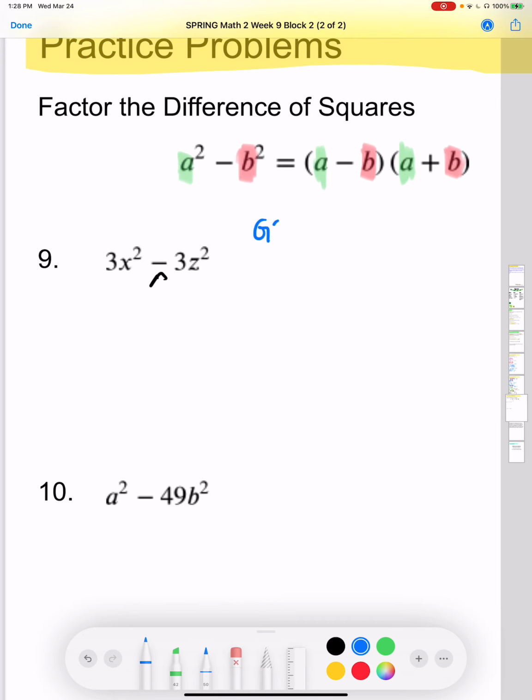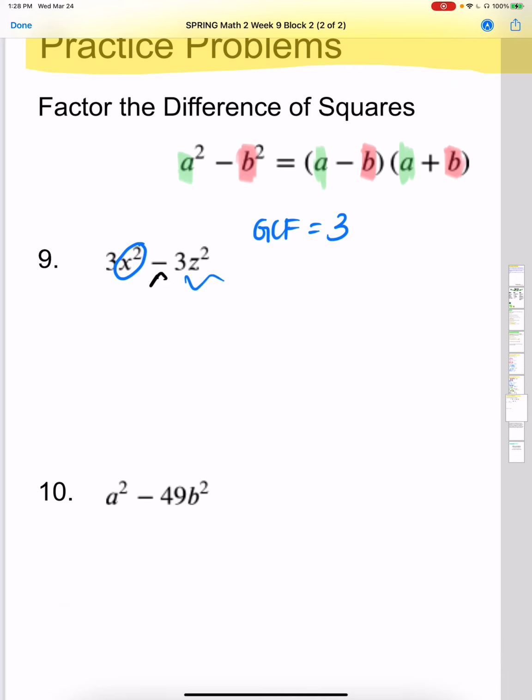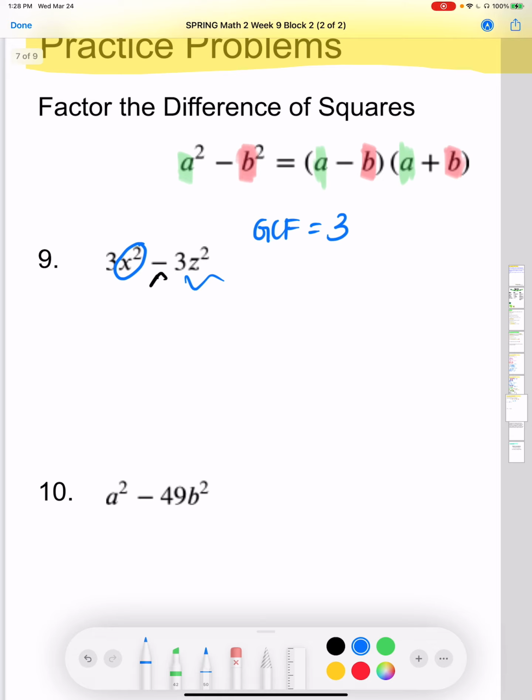So our GCF here is 3. I cannot factor out an x because I only have an x squared here. I don't have one for my second term. Same with z. I have a z in my second term, but I don't have one in my first term, so I can't factor it out. It needs to be something that they each have in common.